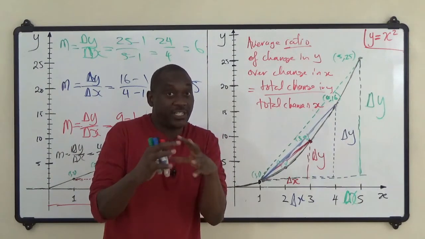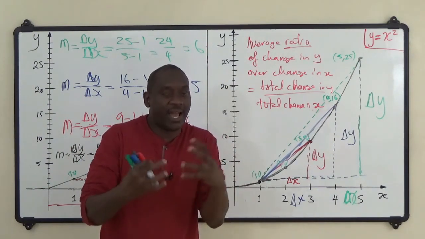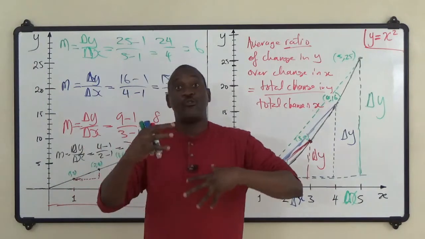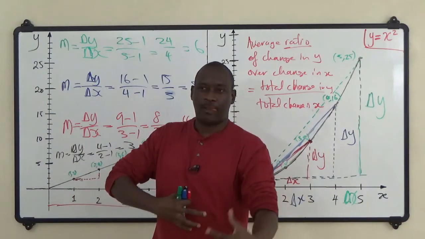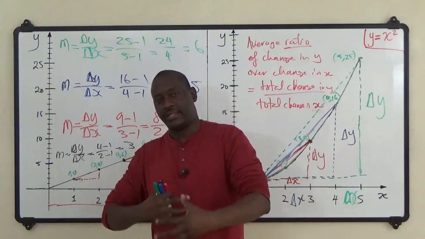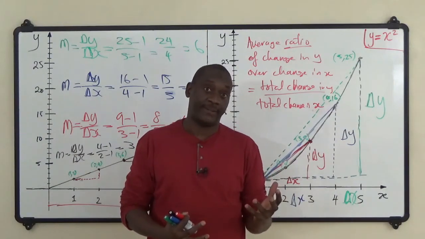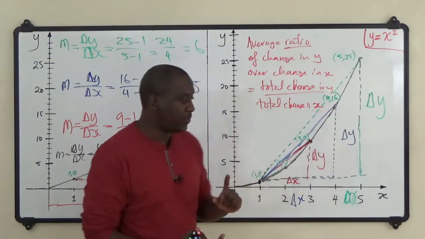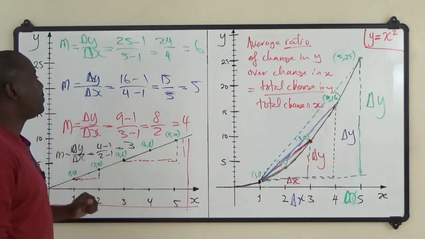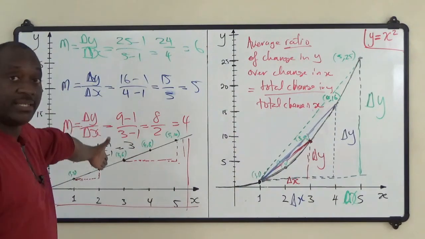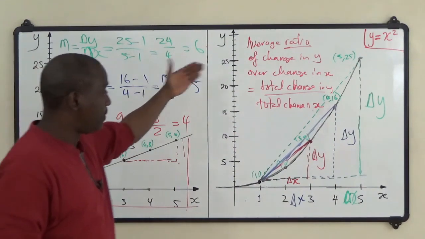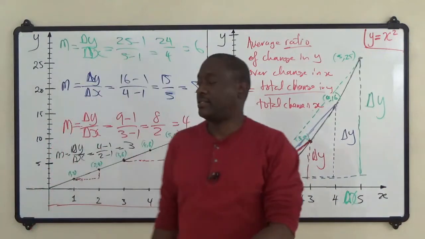The average change in y over change in x, the average ratio of the change in y over the change in x. And we show the difference between what happens in the case of the straight line and what happens in the case of the curve where that is concerned.